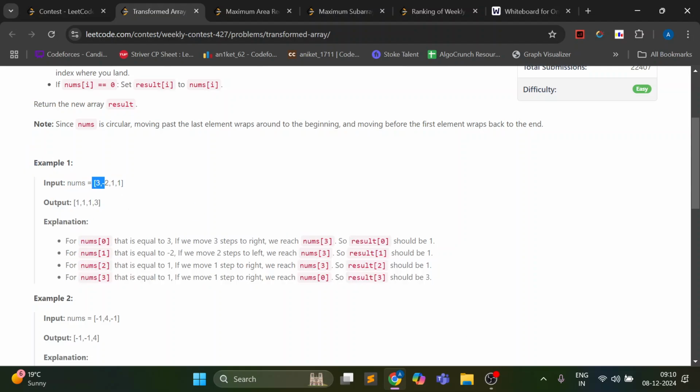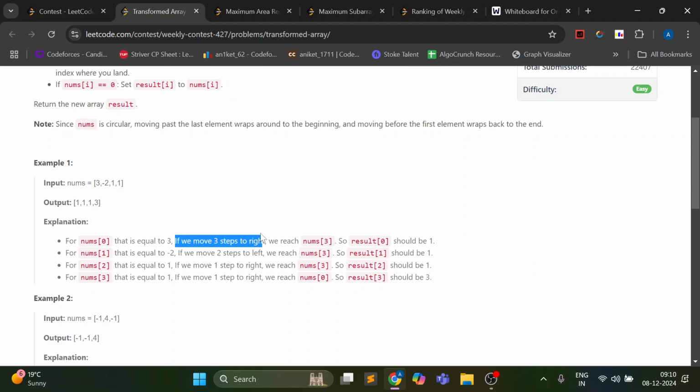We are given nums as 3, -2, 1, 1. We will go from index 0 up to 3. For nums[0], which is equal to 3, from this index we have to move right by 3 steps.